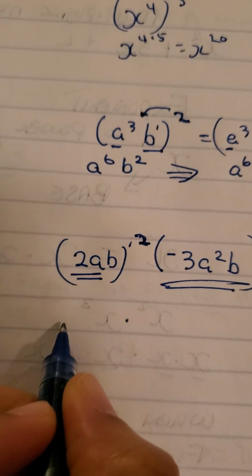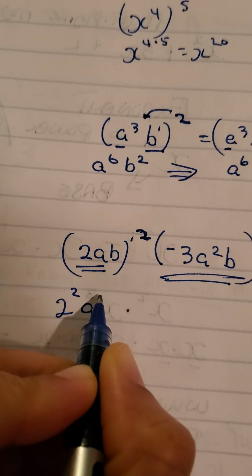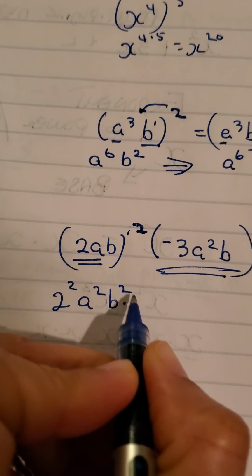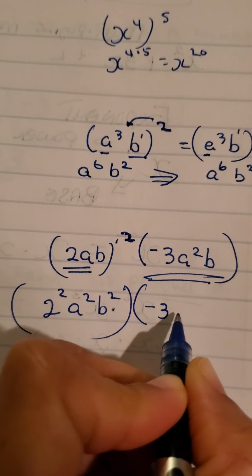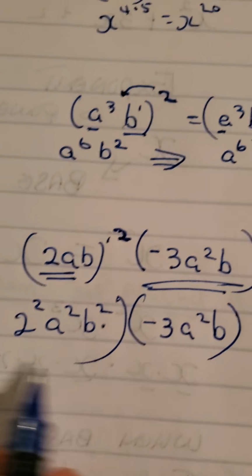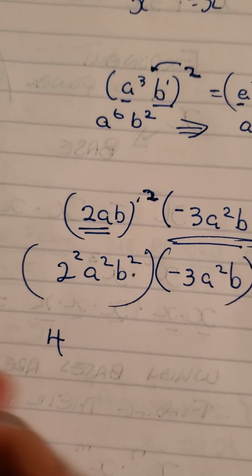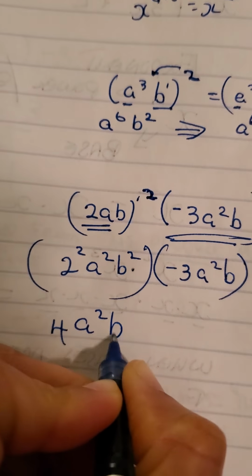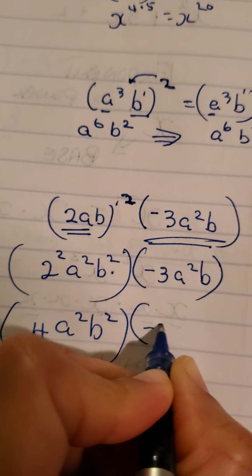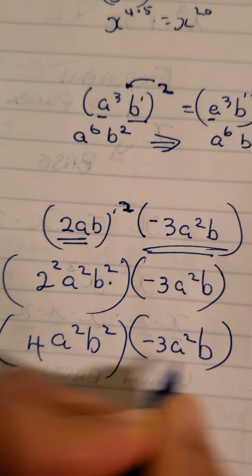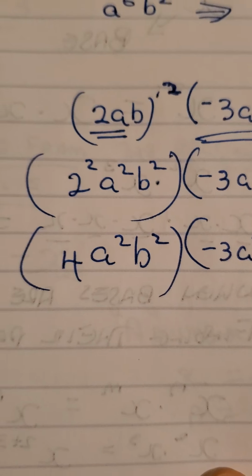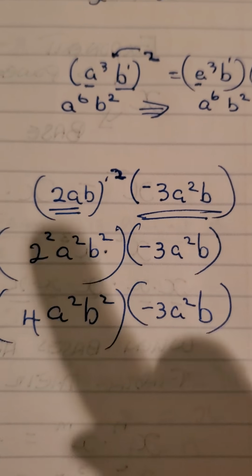So this is actually 2 squared, a squared, b squared, times negative 3a squared b. So 2 squared is actually 4. If you see that by hindsight, go for it. But I like to work in steps so you can know how the answer came about. And also, if you make a mistake, you can retrace where your error is.